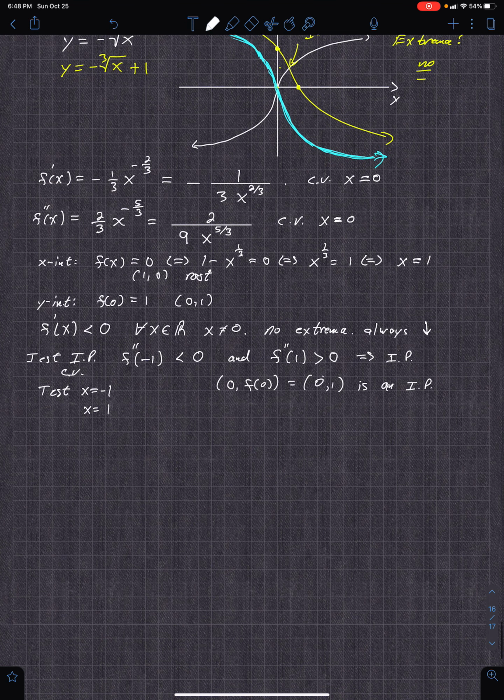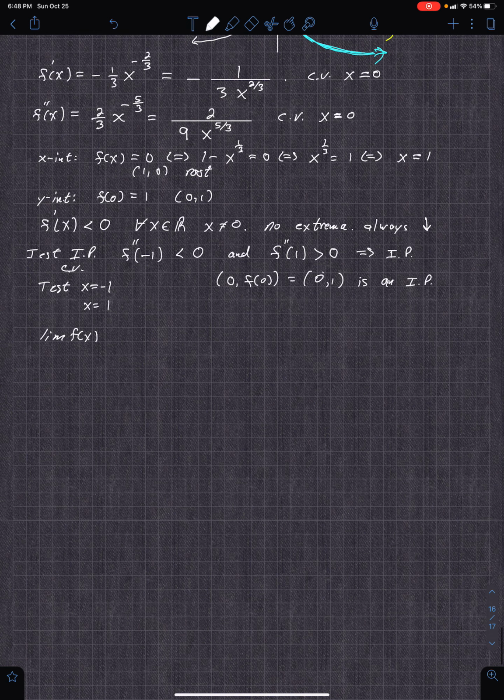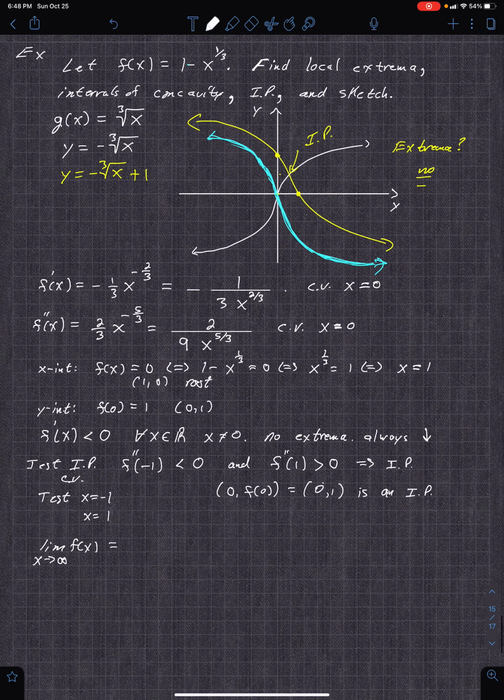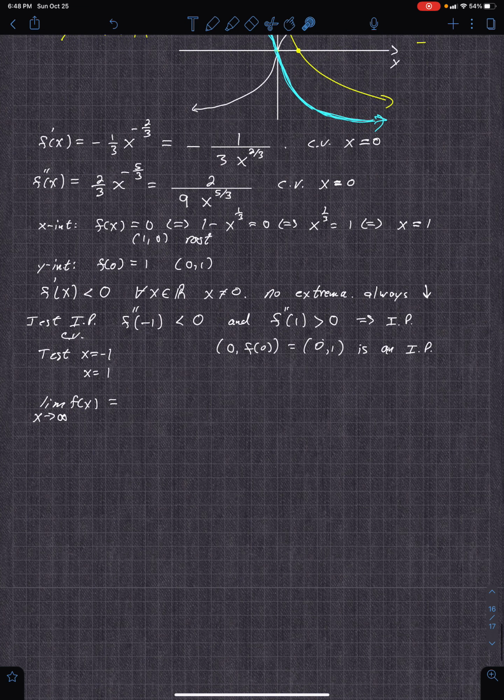We can analyze a few other things. We could look at the limit of f of x as x approaches infinity. So we could look at the function value, what happens, and basically this approaches infinity and it's negative, so the whole thing approaches negative infinity.